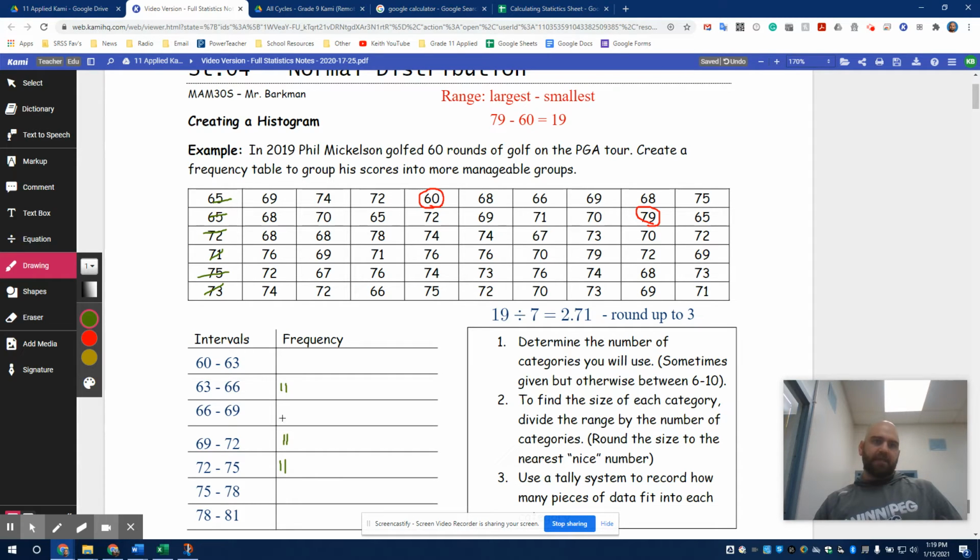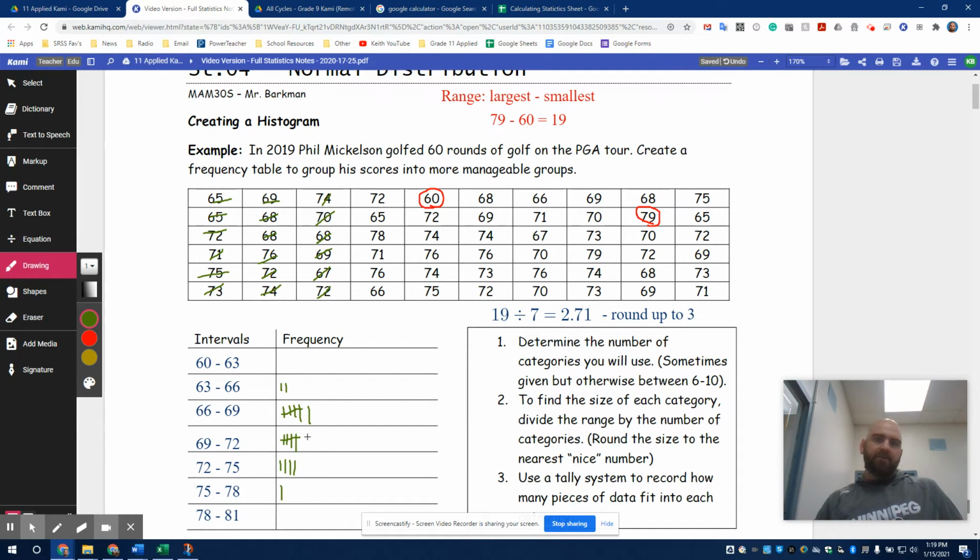69, 68, 68. So we have 3 in here. 1, 2, 3. 76, 72, 74. 76, 72, and 74 right there. And again, this just takes a little bit of time to go through. So we have 74, 70, 68, 69, 67, 72. And you'll notice here again, I'm using the tally system. There, that line's done.